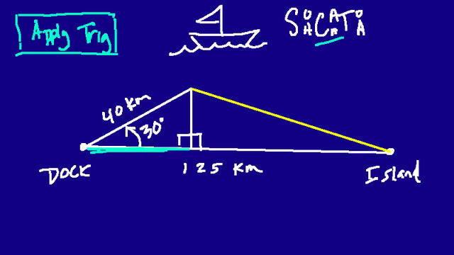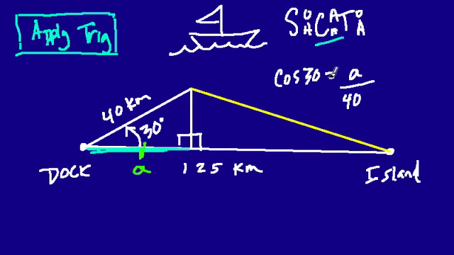So I'm just going to write down that the cosine of 30 degrees is going to equal this mystery adjacent side. Let's call it A. This little length here is A. So it's going to equal A, the adjacent side, over 40.